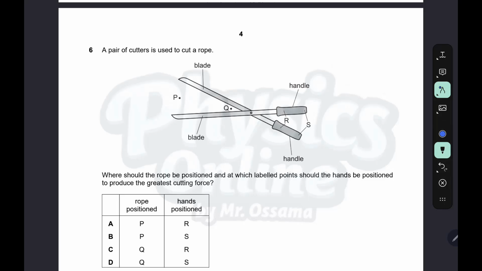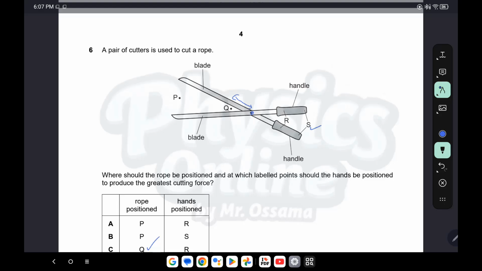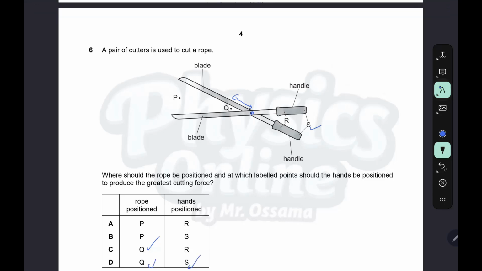We need to put the rope at the point where we will have the maximum effect of the force, with less distance to the pivot, the arm of force. So we'll put it at point Q. For the hands, we put the handle away from the pivot at point S to have the maximum force, or the minimum force possible needed to cut the rope.